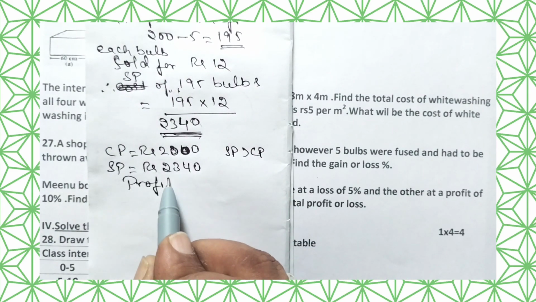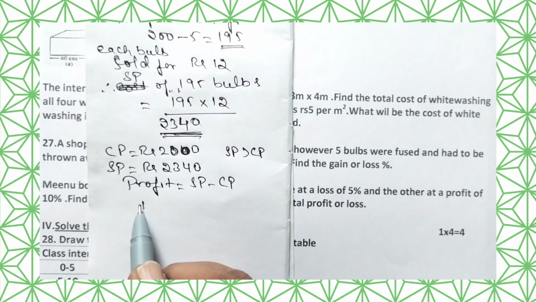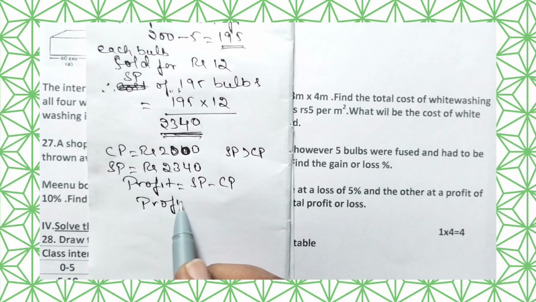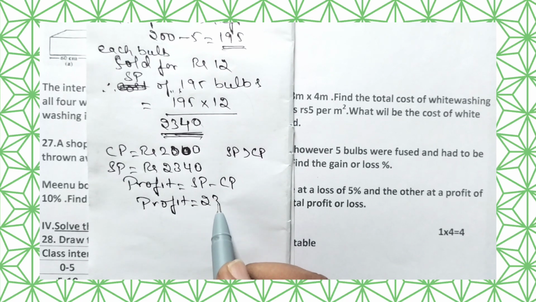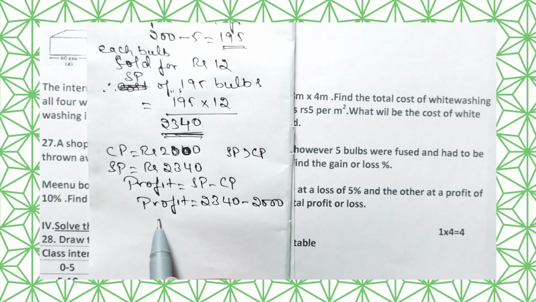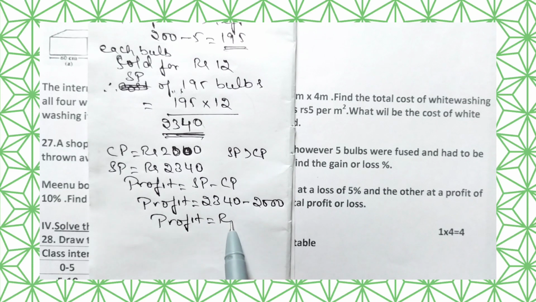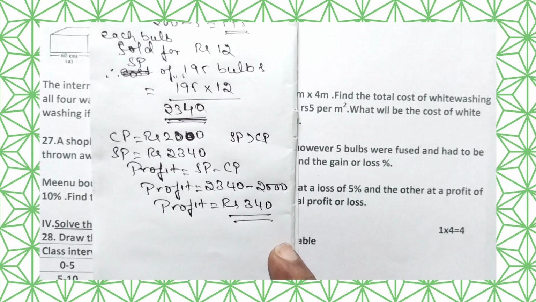So profit is equal to selling price minus cost price, which is 2340 minus 2000, so 340 rupees is the profit.